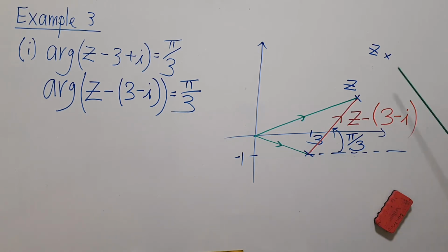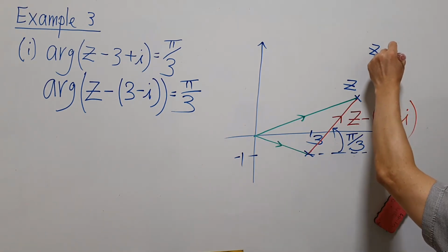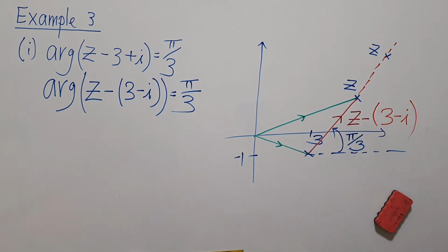So if I take another point which lies along this line here, another point z, and this is 3 minus i, then this complex number is the same, z minus bracketed 3 minus i.